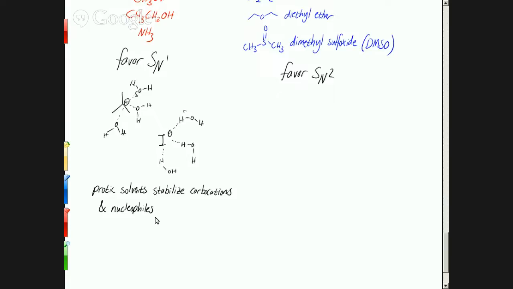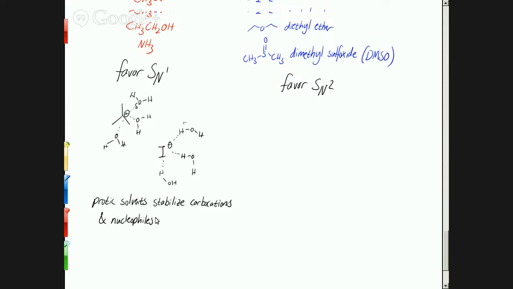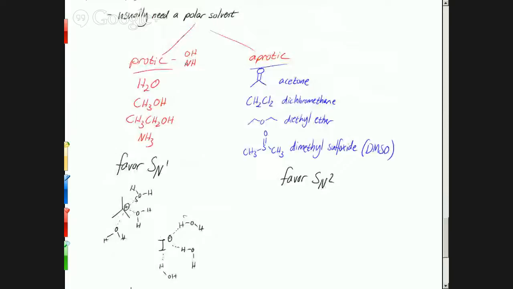I don't understand why these do a better job of stabilizing. Do the aprotic ones not stabilize at all? They just do it more slowly, or what? They don't as much. The reason that these OH and NH are special is that they have a much greater difference in electronegativity, and so a much more polar solvent.